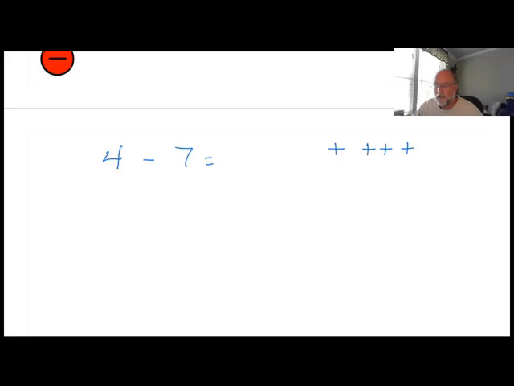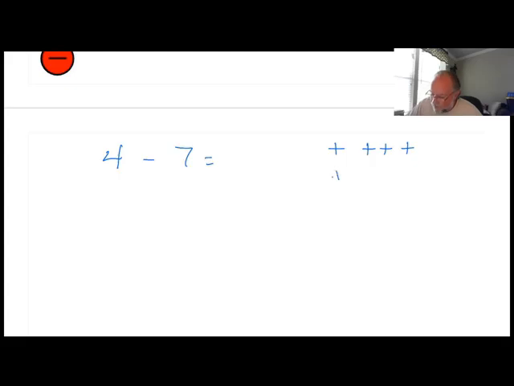So if I were to go back and look at several questions here, so let's just kind of look at a few of them. Let's say we had 4 take away 7. So if I had 4 positives, could I take away 7 positives? No, I can't. So if I had 4 positives here, I do not have 7 positives I can take away. But again, if I were to add zeros into my problem, I might be able to still take it away.